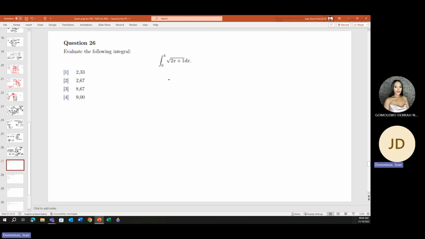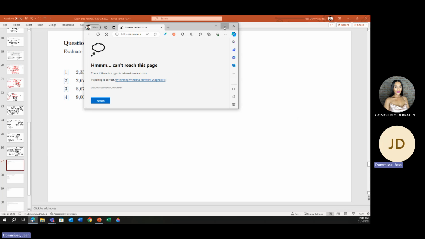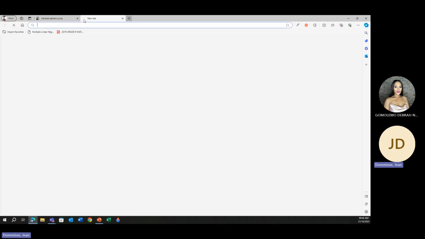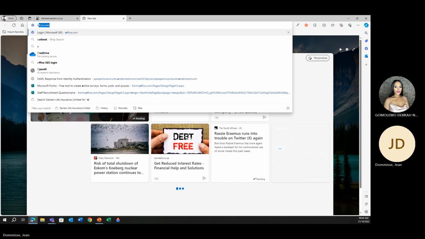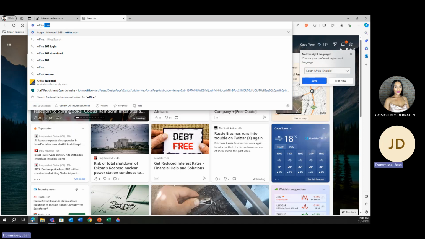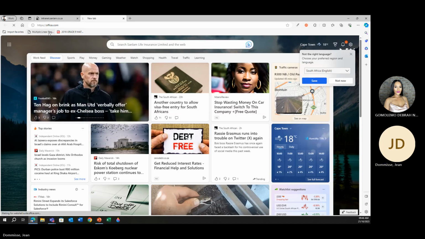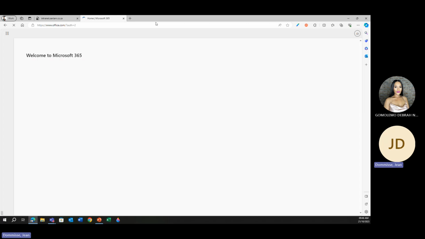I just quickly want to show you, because there's a nice app also. So in Microsoft Edge, let me quickly check if I can go into office.com.